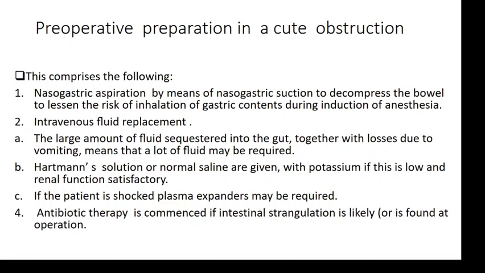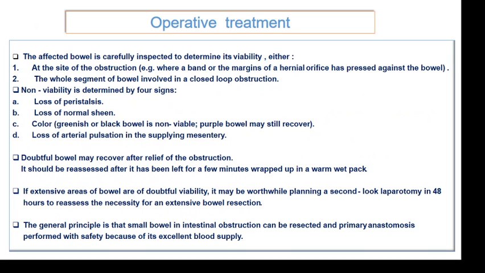If the patient is shocked, a plasma expander might be given, and antibiotics should be given whenever strangulation is suspected and likely. In the operative treatment, the affected bowel should be carefully inspected to determine its viability.